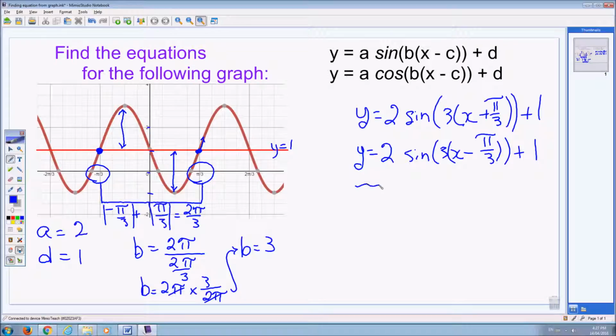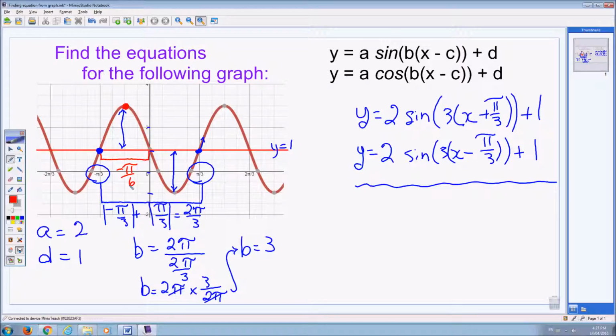All right, so now looking at it from the perspective of the cosine wave. Remember, cosine starts at the maximum. So here we are, halfway between negative pi over 3 and 0, trying to find our maximum value. That's going to be at negative pi over 6.